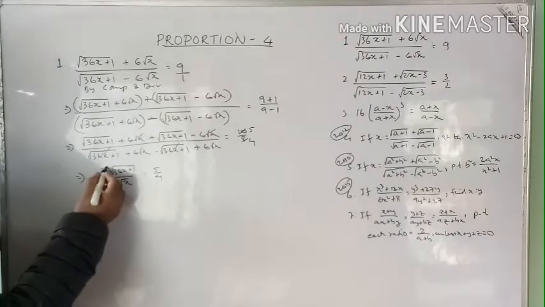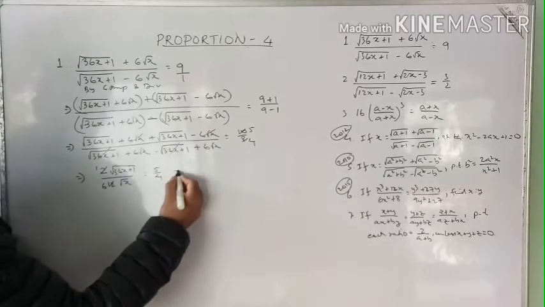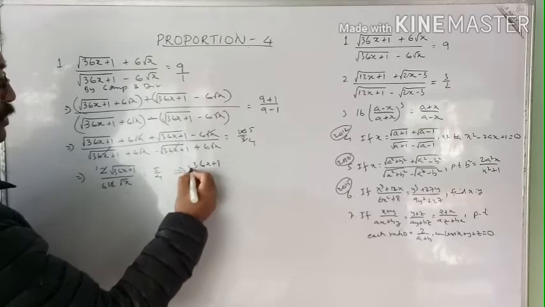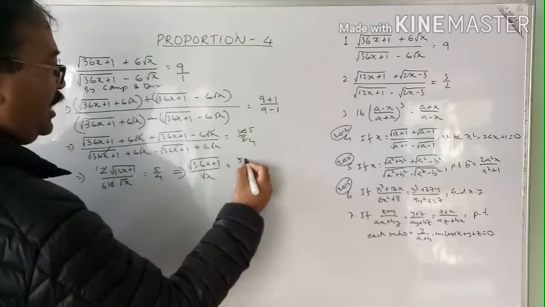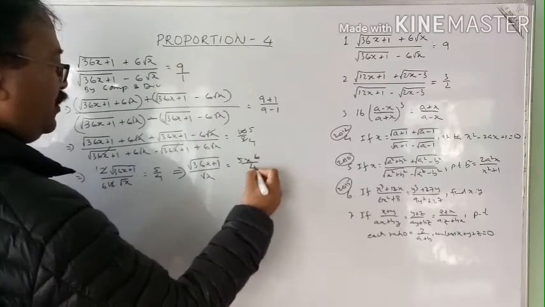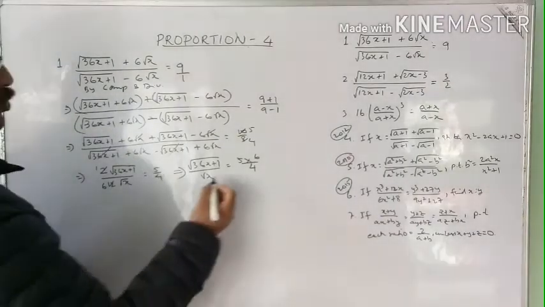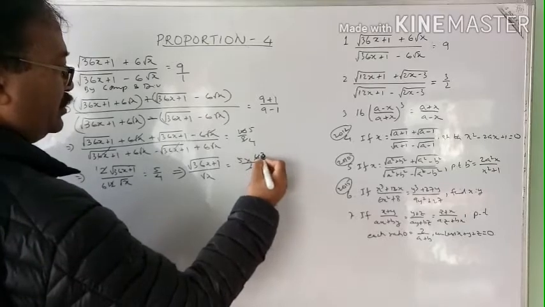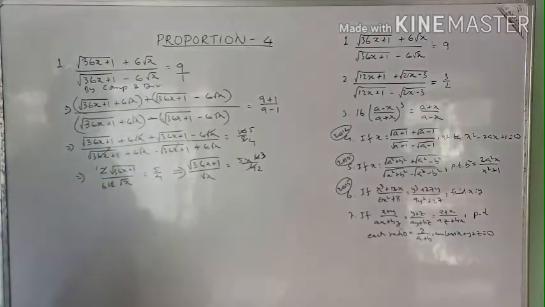The 2 will cancel, and the 6 will go to that side by cross multiplying. So √(36x+1) divided by √x equals 5 into 6 by 4. Here 4 will cancel, 2 cancels 2 times, and 3 times here, so 15 by 2. Now to get rid of the root, you square both sides.